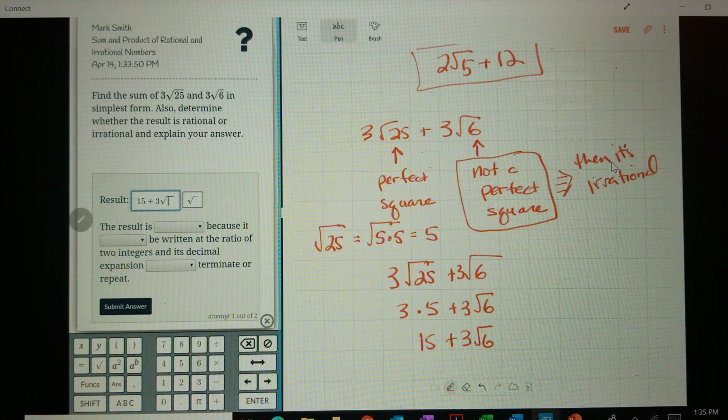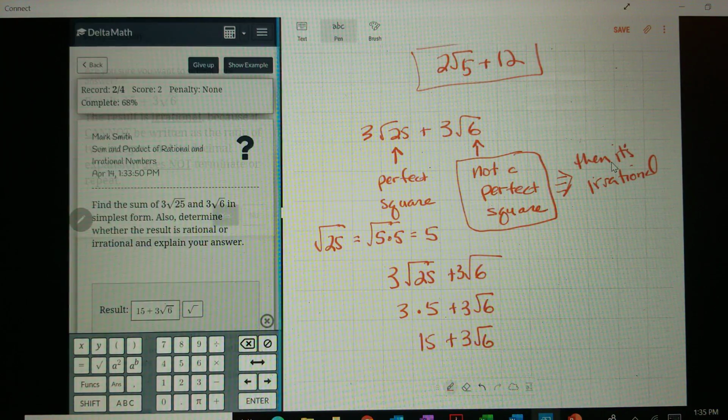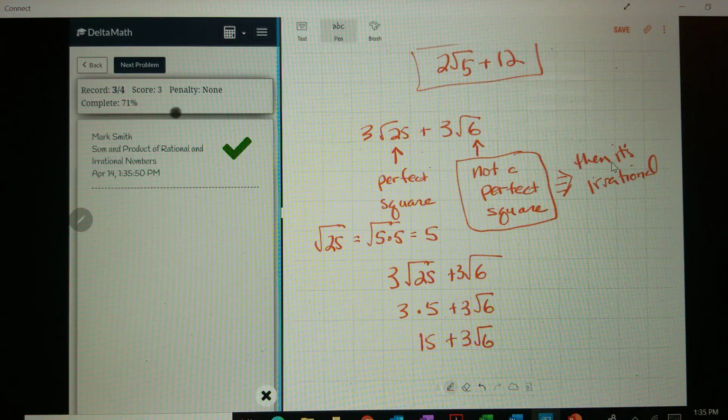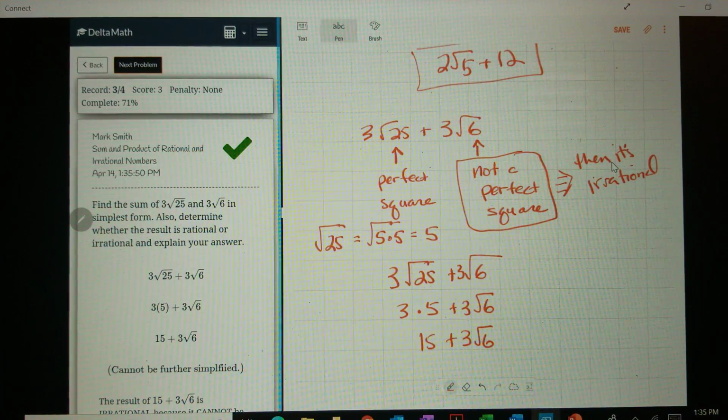Again, the result is irrational because we have a square root in our answer. If there is a radical in our answer, that is going to be irrational. Good luck with those, and don't give up.